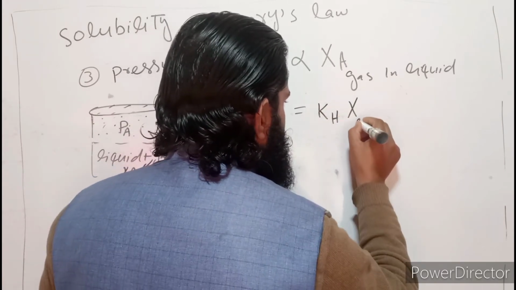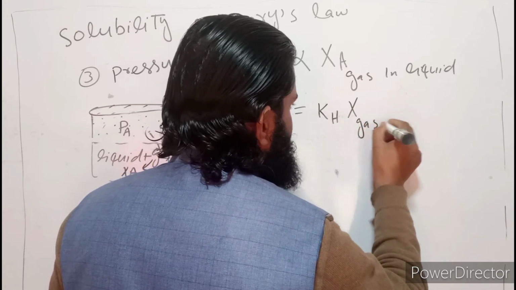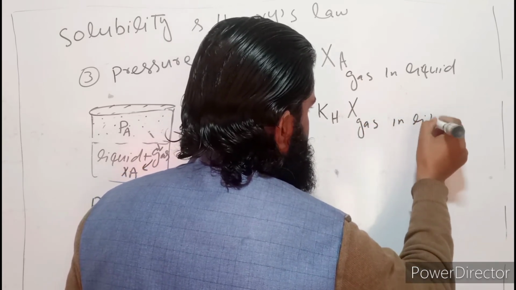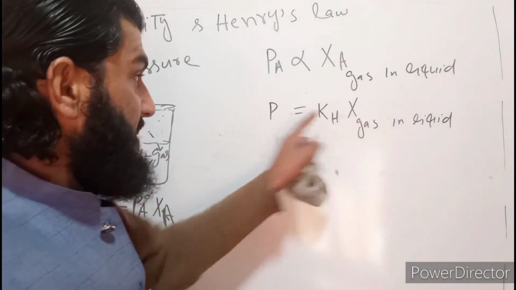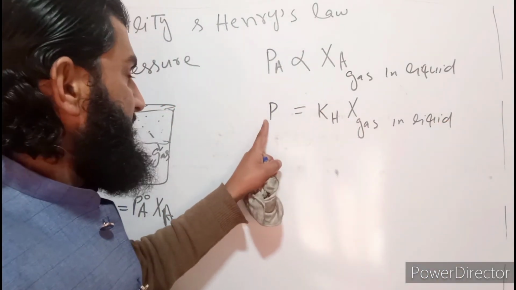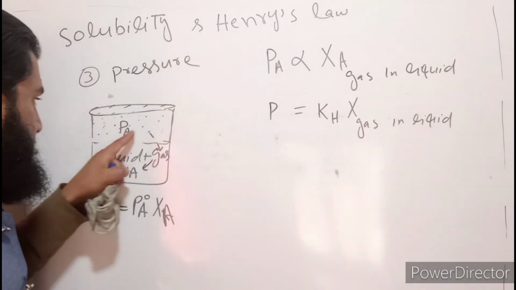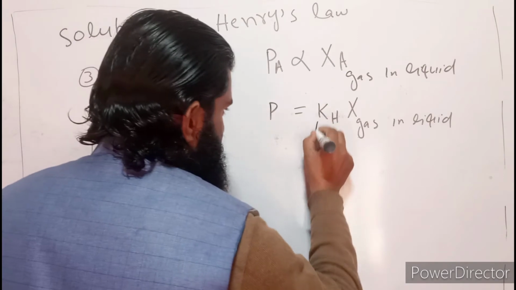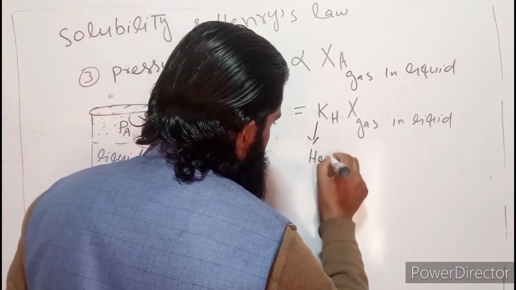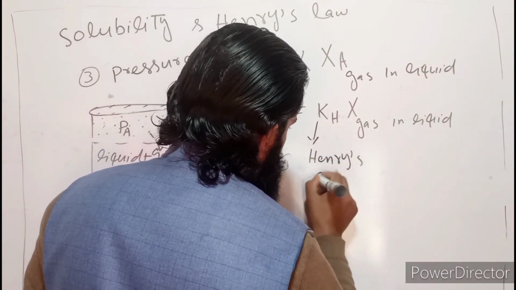X is the mole fraction of gas in liquid. Clear? Here P is the pressure, the partial vapor pressure. Kh is the Henry's constant. This is the Henry's constant.